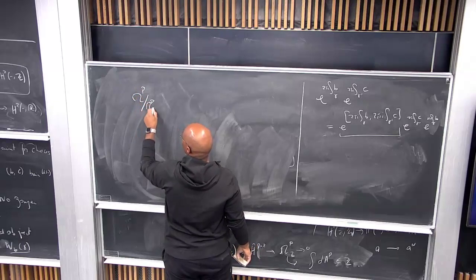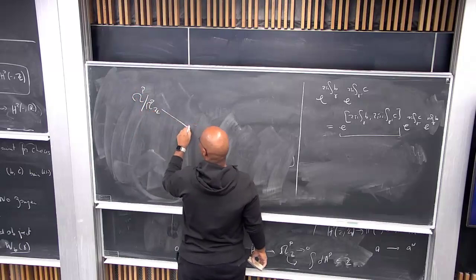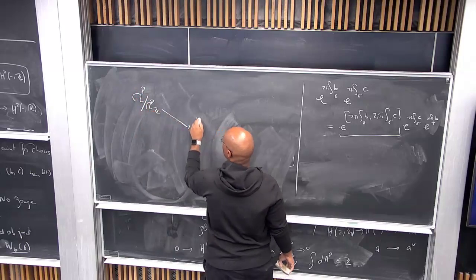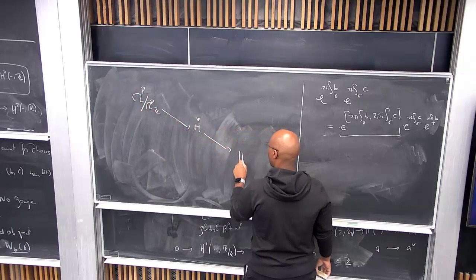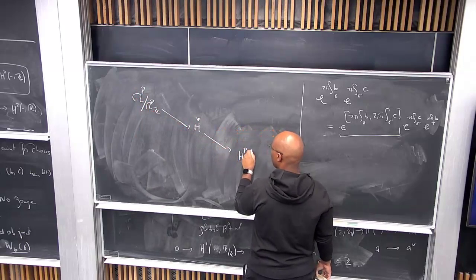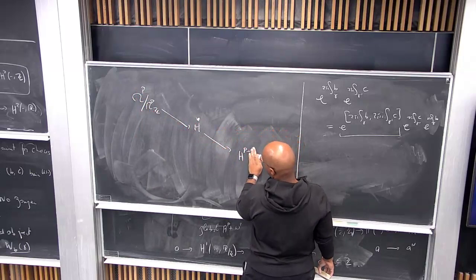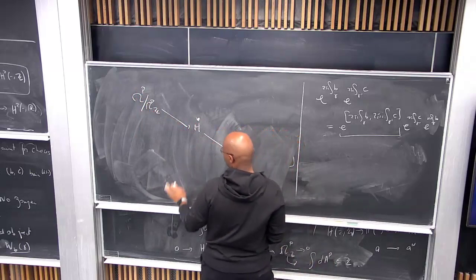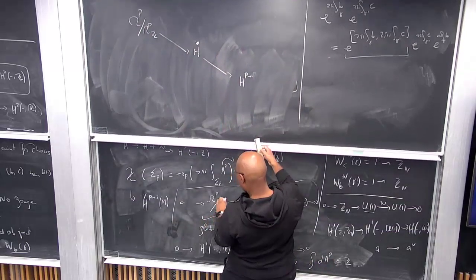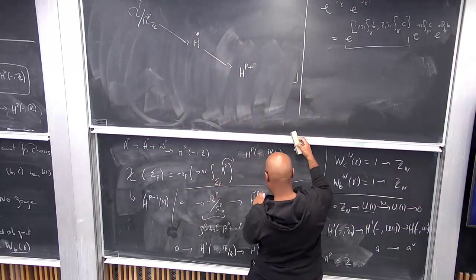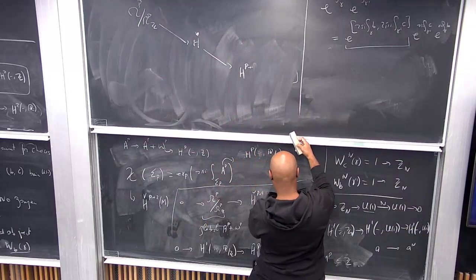The P-form goes to H-check, which then goes to H^(P+2). I'm screwing up my dimensions. Sorry, I screwed up a bunch of dimensions. So this would be 1, it would be 1.